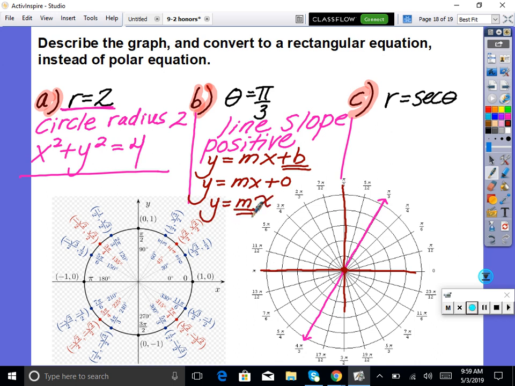Now we need to find the slope. Now slope is rise over run. So you're saying if I have an xy point that I know, all I have to do is do the rise divided by the run, rise over run, and that's the slope, isn't it? So what is an xy point of this radius 1? Well, isn't the radius 1 the unit circle? Then let's go use the unit circle, because that is an xy point on the line.